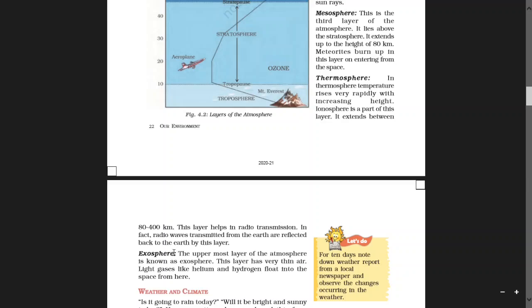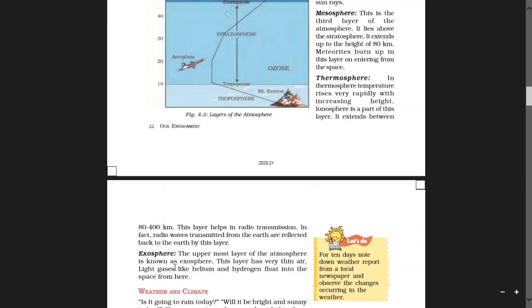Now the next one is the exosphere. The uppermost layer of the atmosphere is known as the exosphere. Among all these layers, boys, the exosphere is the uppermost layer. This layer has very thin air.